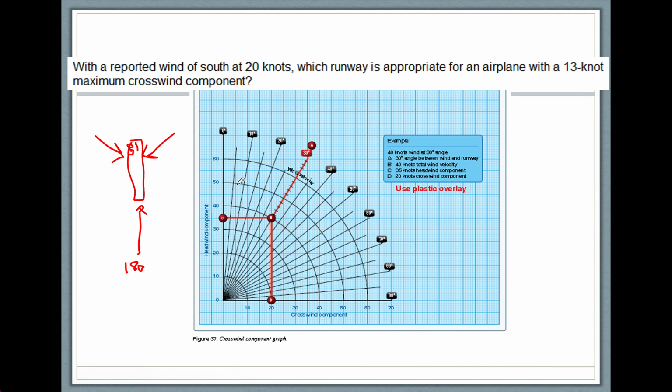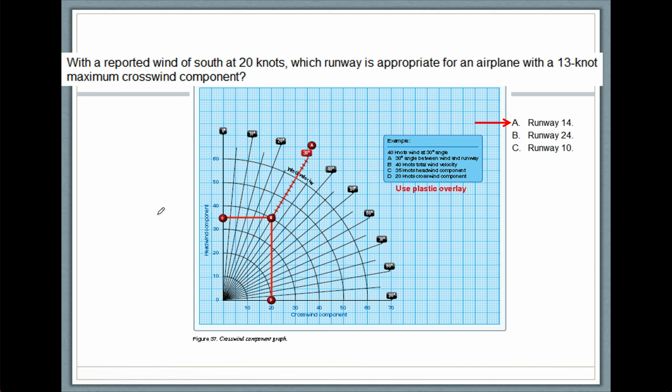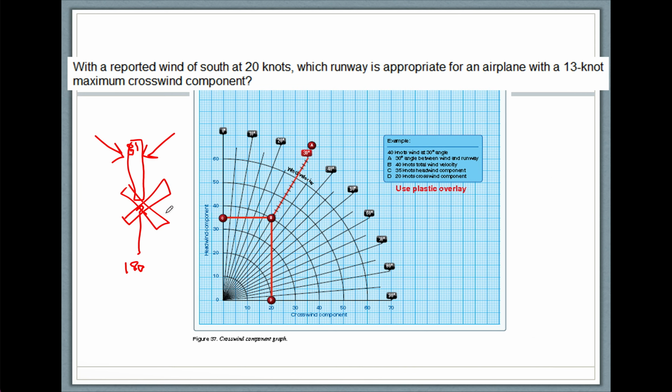All right, runway 14, I would have a quartering tailwind. Actually, that doesn't work. I would have a pretty good crosswind. If it were runway 24, I would have a really good crosswind. And if it were runway 10, then I would also have an almost direct crosswind.